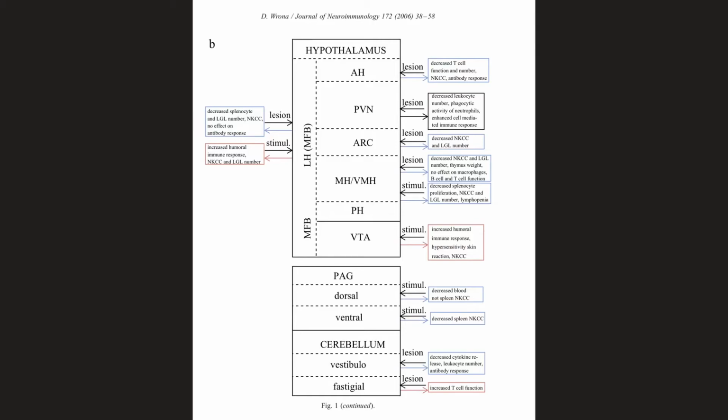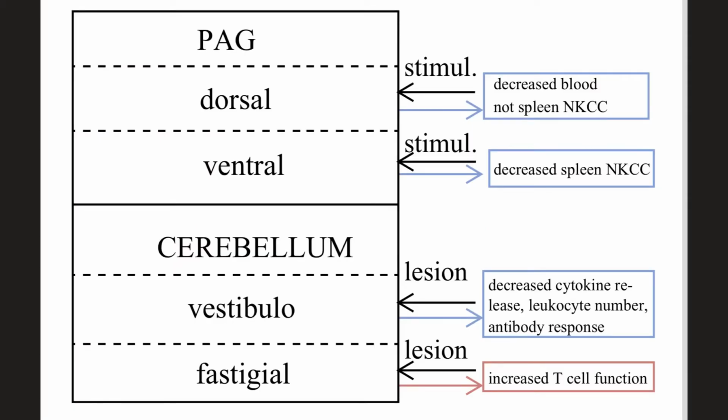We are going to focus on the lowest portion of this chart, on the cerebellum. This is the last thing I want to talk about, and really it's just the vestibulocerebellum, because it's the portion of your cerebellum that is most involved in posture.